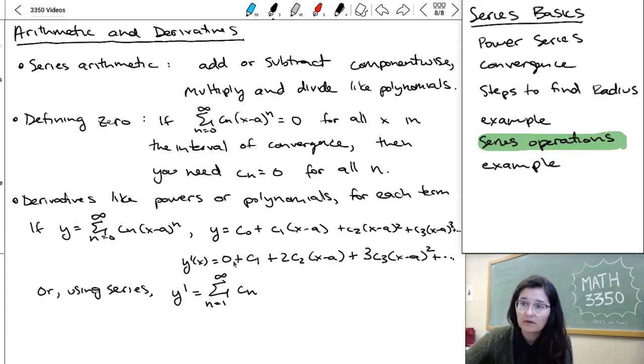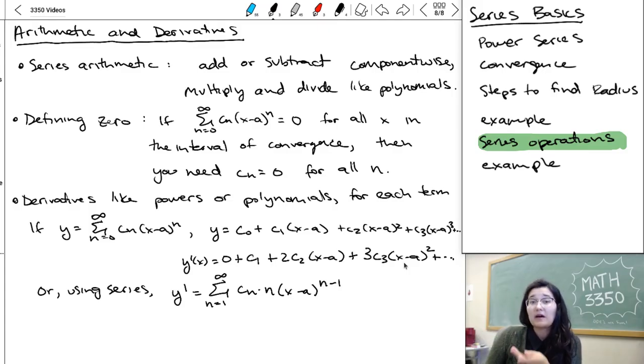But here, I multiplied by 2 on my 2nd term because of that squared power, and I multiplied by 3 on my 3rd term because of that cubed power. So it's actually c sub n times n times (x minus a). And then if I had power 1, it becomes power 0. If I had power 2, it becomes power 1. If I had power 3, it becomes power 2. Just a power rule. So my exponent becomes n minus 1.